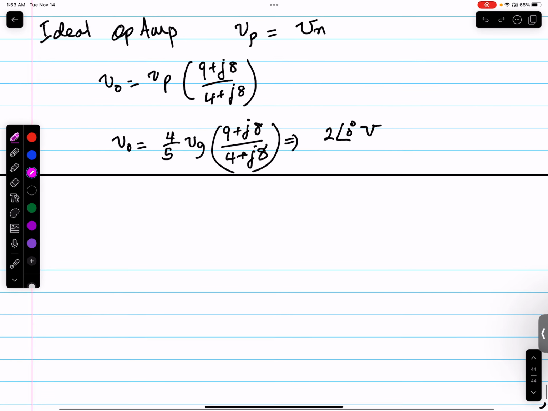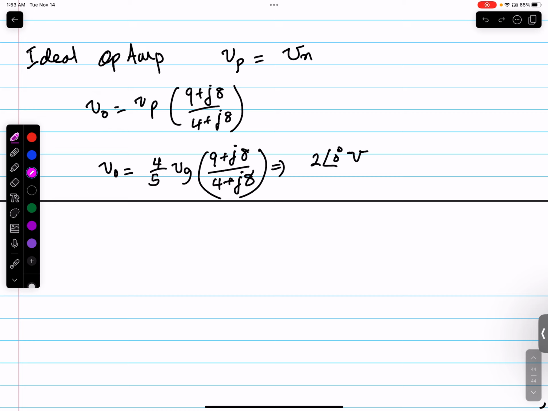So 2 angle 0 volts is Vg times 4 fifths, multiplied by 9 plus j8 over 4 plus j8. This will come out to be 2 minus j0.8 volts. That is the output voltage.